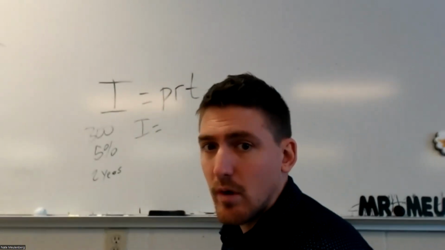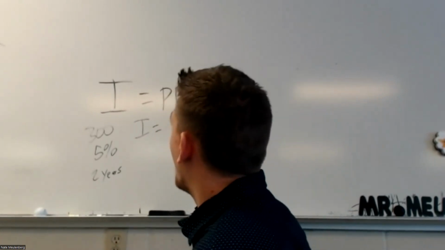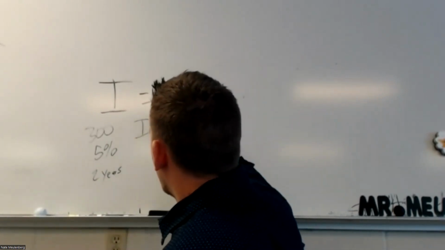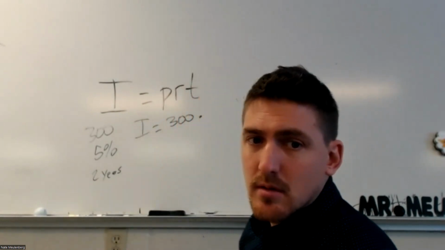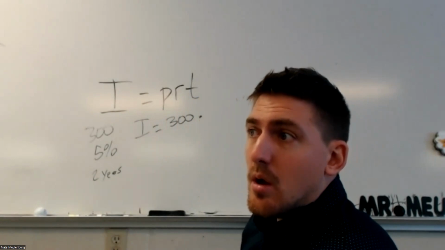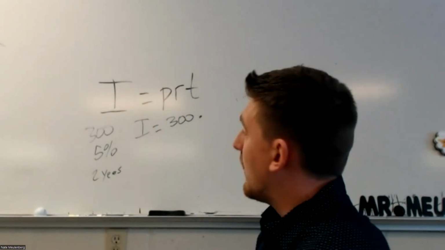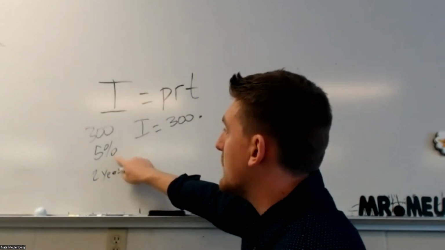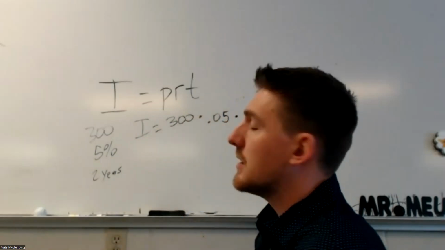And what's the amount for number 1? $300. So we have I equals 300 times, what's R? Not 0.5. 0.05. Yep, 5% as a decimal is 0.05, times T. How many years?